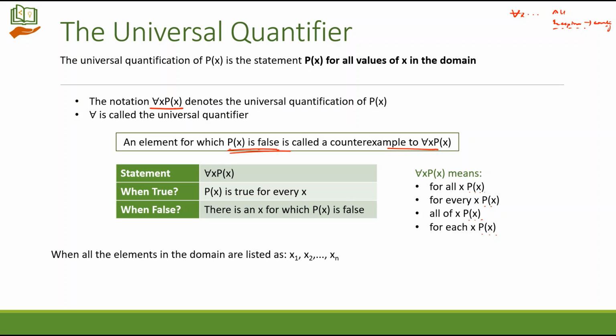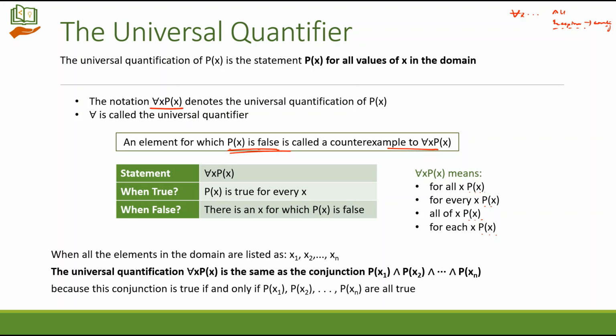When all the elements in the domain are listed as x1, x2 and xn, the universal quantification for all x p of x is the same as the conjunction p of x1 and p of x2 and p of xn, because this conjunction is true if and only if p of x1, p of x2 are all true.